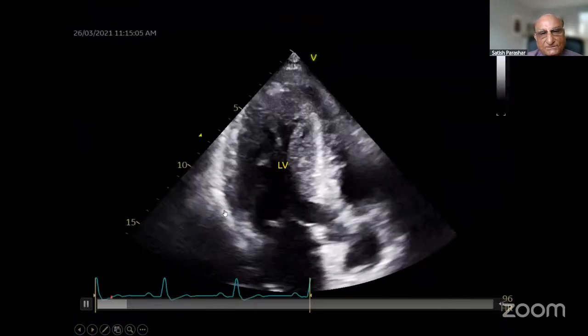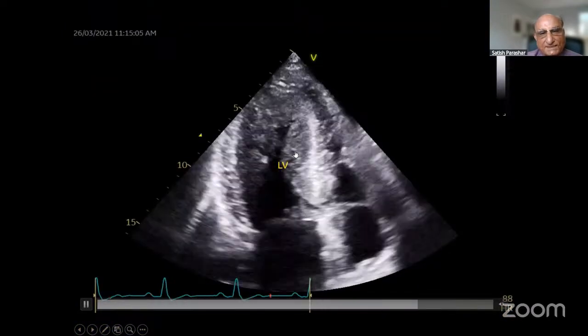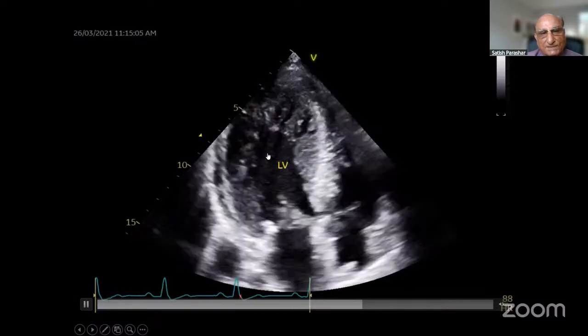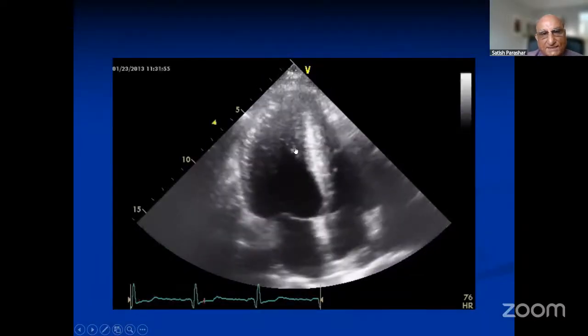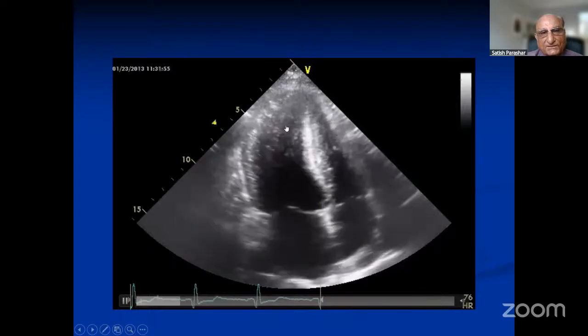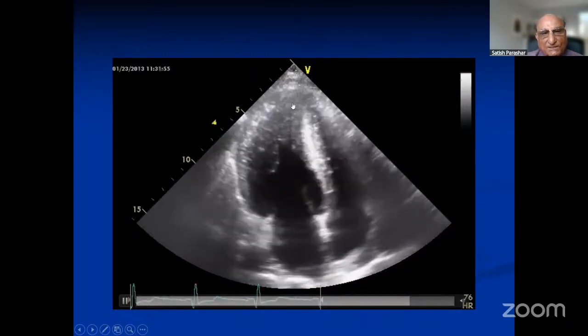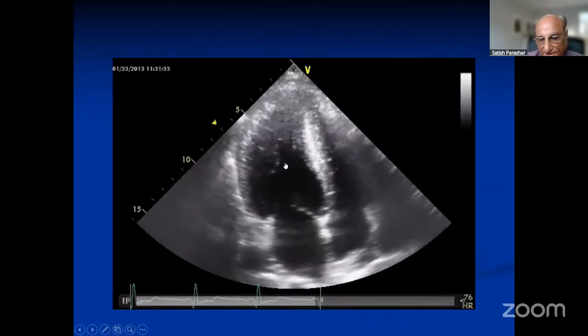Then the third phenotype, the mid-ventricular, where the thickening is in the mid segments of the LV, with obliteration found in about 10% of the cases. And then comes the apical hypertrophy, where the thickening is more than 15 millimeters distally. So these are some of the phenotypes of hypertrophic cardiomyopathy which we can get.